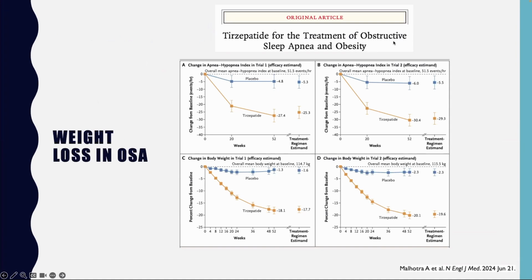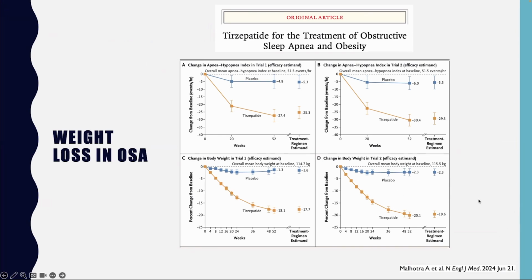So this study evaluated the effect of tirzepatide, which is a GLP-1 agonist, for the treatment of obstructive sleep apnea in patients with obesity. So the study had two trials. Trial 1, on the left side, recruited patients who were not on CPAP, and trial 2 recruited patients that were using CPAP.